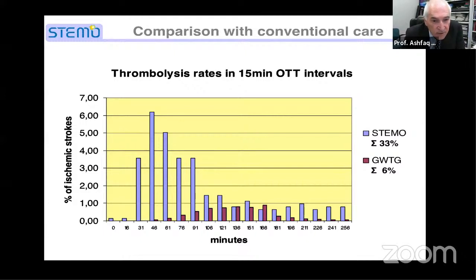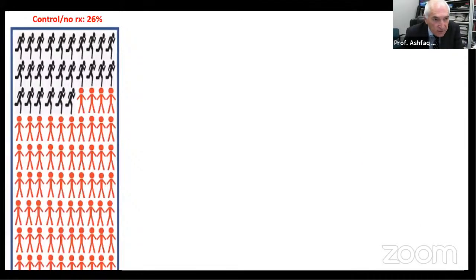So treatment, let us say that you had 100 patients in whom you had no treatment. And you were asked the question, how many of them would make a full recovery? So that's the question. You have 100 patients who came in with an acute stroke in whom you did not offer TPA, at 90 days, 26% of them will make a full recovery.